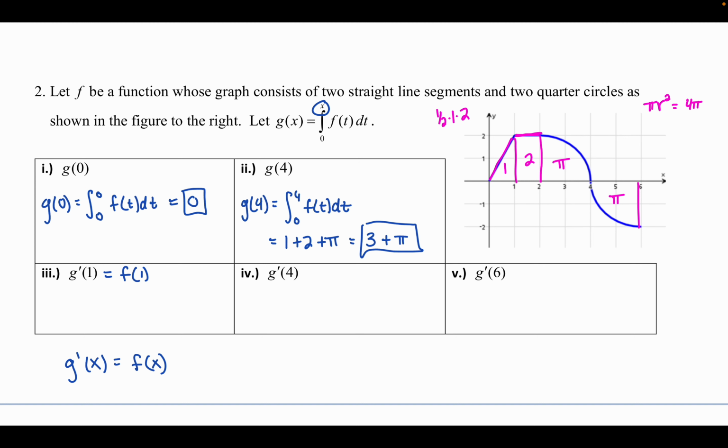And we're given the graph of f, so we just read f of 1 off the graph. This will be 2. g prime of 4 will be f of 4, which if you look at the graph is 0. And then g prime of 6 will be f of 6, which is -2.